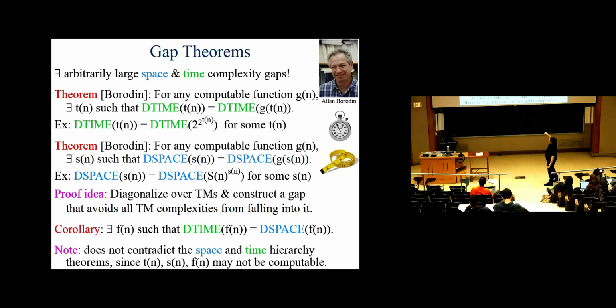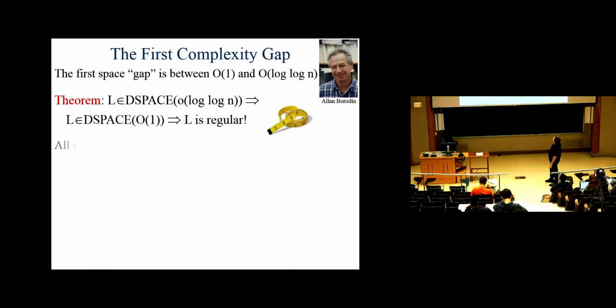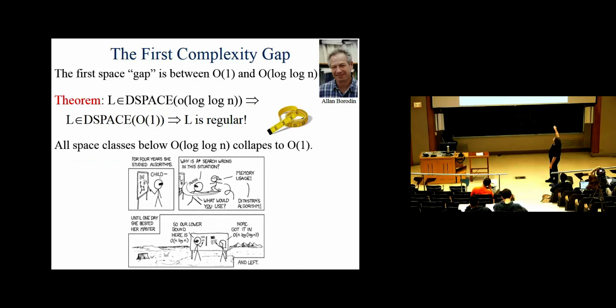And of course, some other corollaries are immediate, that you can have weird enough functions that the time complexity class is equal to the space complexity class. Okay? And it turns out the first gap is between constant space and log-log space. Any language that you can recognize on a Turing machine in strictly less than log-log space, you can do in constant space, which means it's regular.